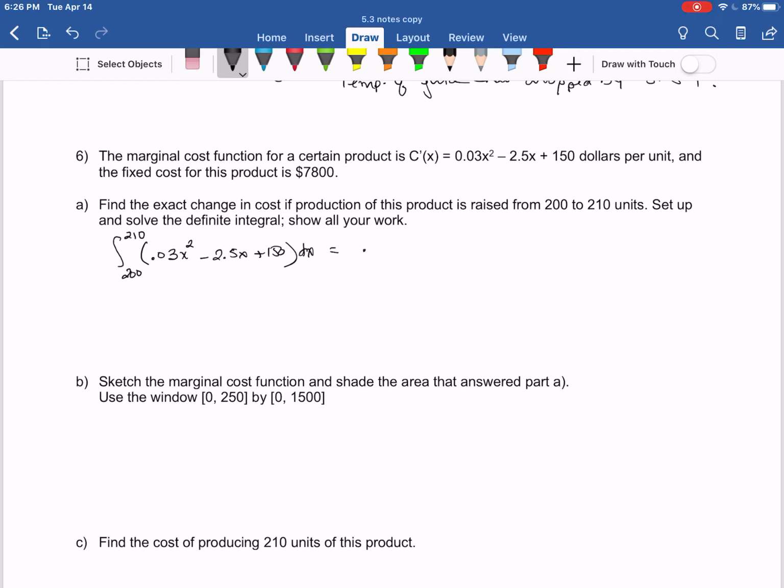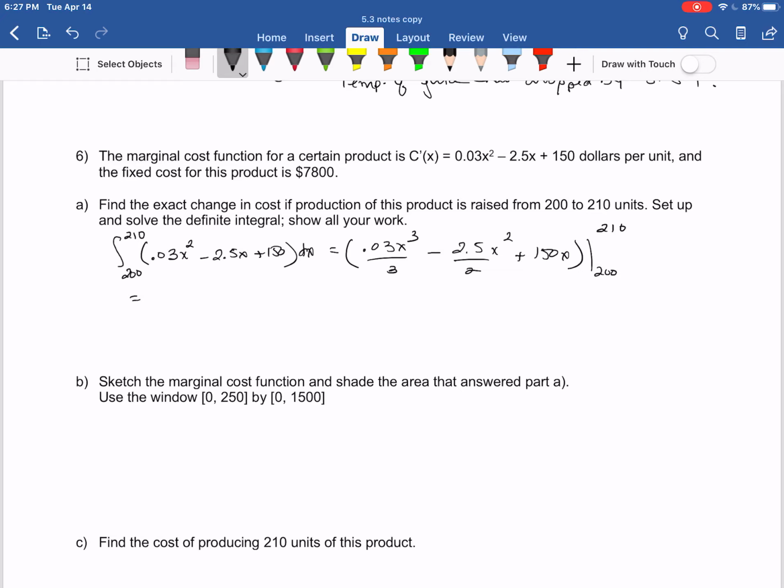And we get 0.03 x to the third over 3 minus 2.5 x squared over 2 plus 150x. And this gets evaluated from 200 to 210, top limit minus the bottom limit. I'll just give you that final answer this time around.